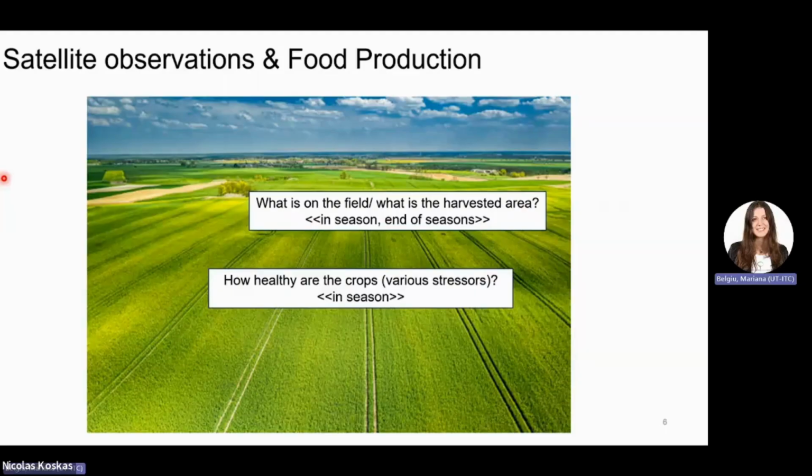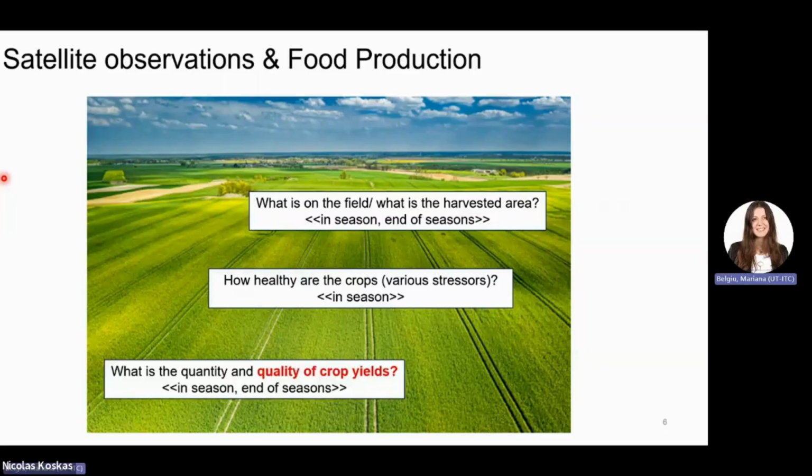We can answer questions such as how healthy are the crops, what are the various stressors, and also we use it for assessing the quantity and the quality of crop yields, and again we can do this at the end of the growing season and also within the growing season.